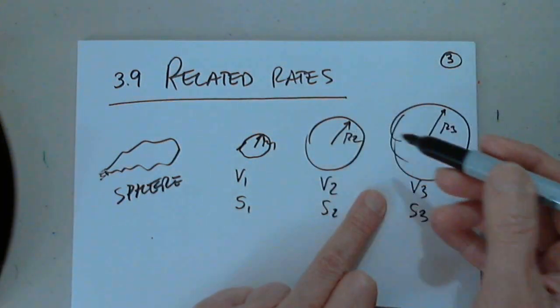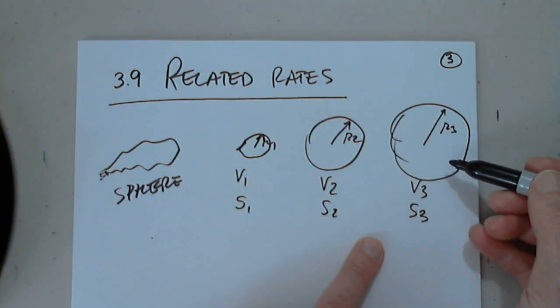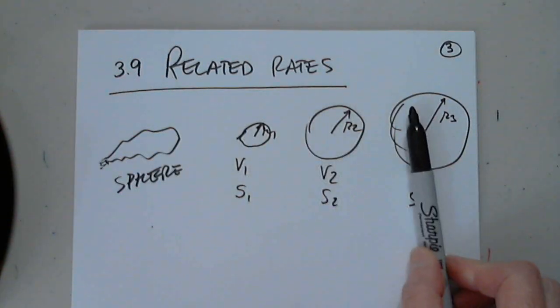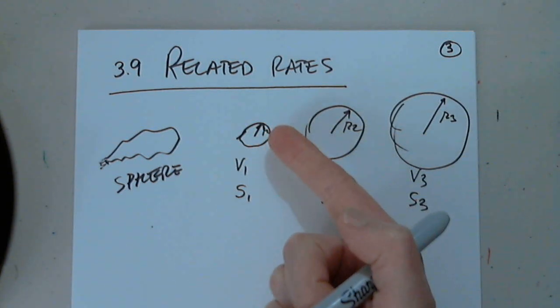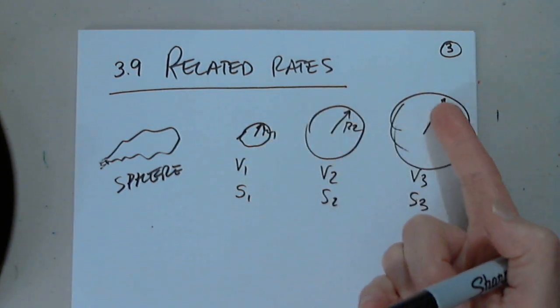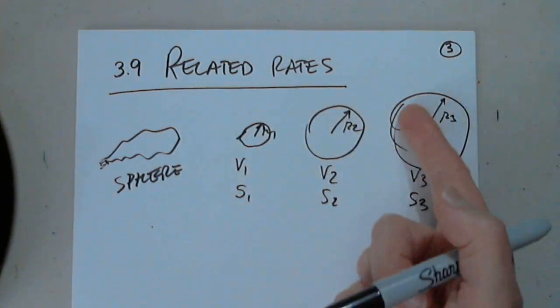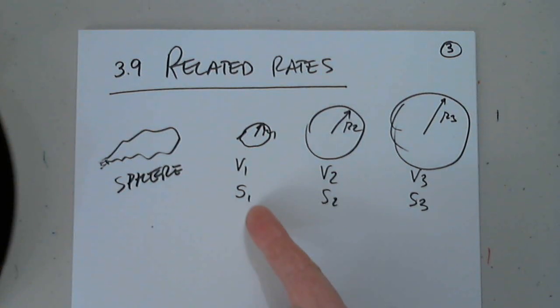The same thing with the radius and the volume and the surface area in the third case. So you see this is motion. In other words, the rate of change of the radius is somehow related to the rate of change of the volume, and also somehow related to the rate of change of the surface area.